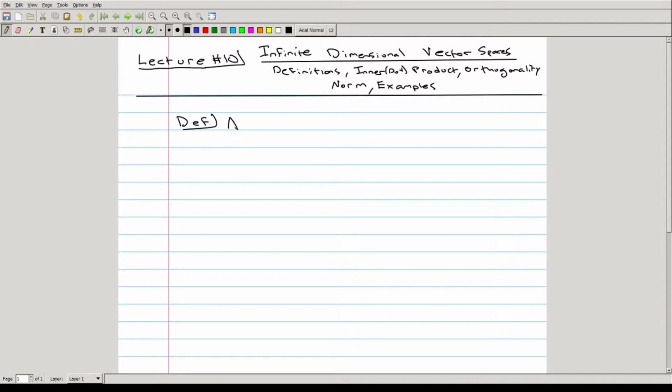So recall that a vector space over a field F, typically F can be taken to be the field of real numbers or the field of complex numbers.